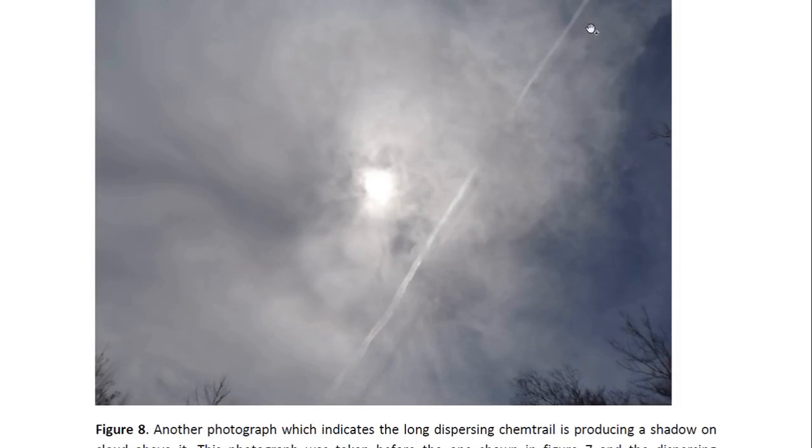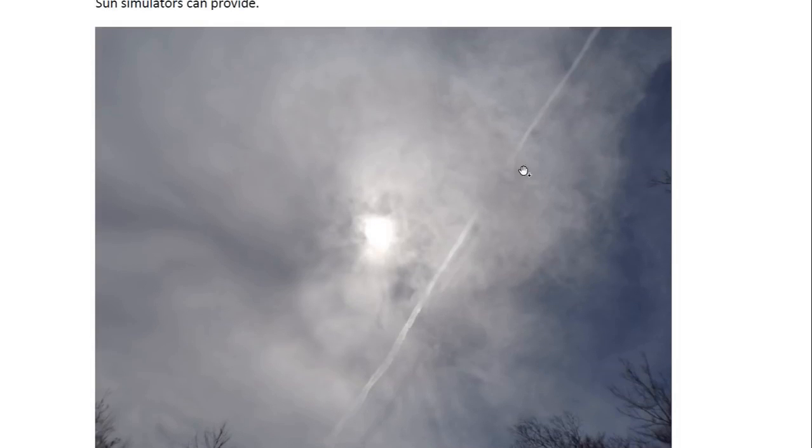Here there seems to be a shadow as well, but it's closer to the cloud, and here it's even closer to the cloud. And this is most likely because the cloud above it is closer to this spreading line of chemtrail cloud. So it depends on the altitude of the cloud above it, but there seems to actually be a shadow.